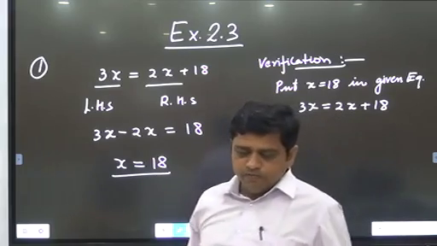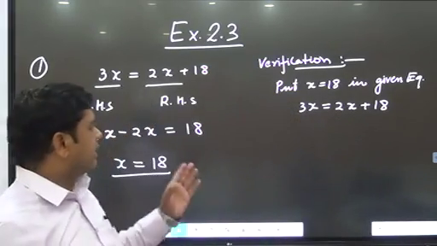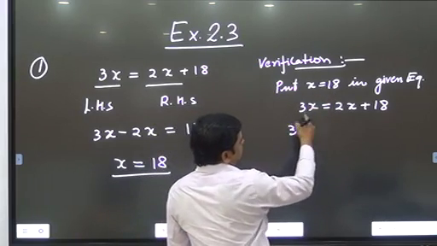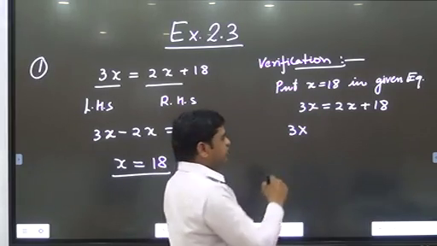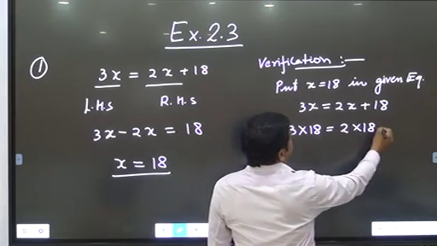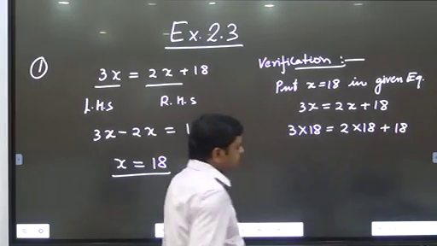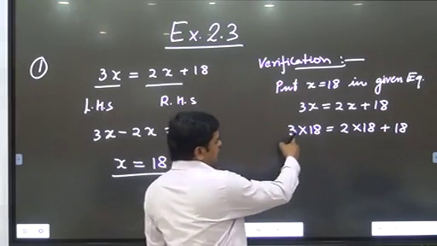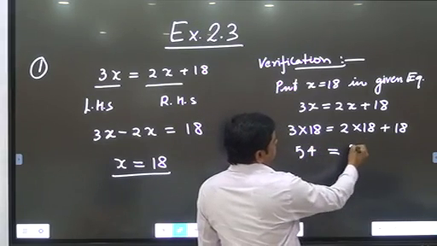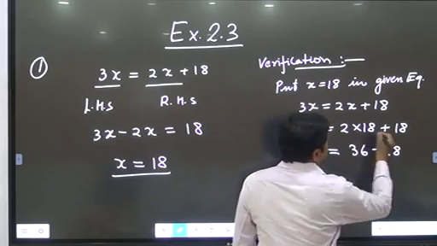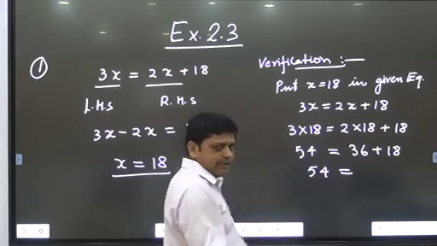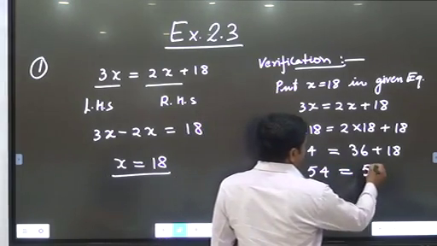And now we put x equal to 80 in the given equation. When we put x equal to 80 in it, we get 3 into x, so 3 into 80 is equal to 2 into 80 plus 80. Now we can solve: 3 into 80 is 240, and 2 into 80 is 160 plus 80, so 240.